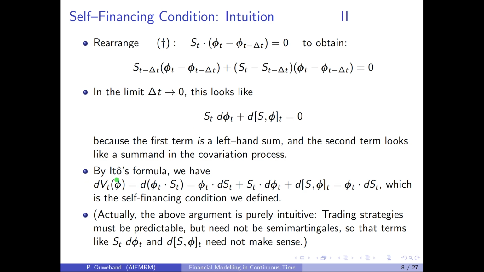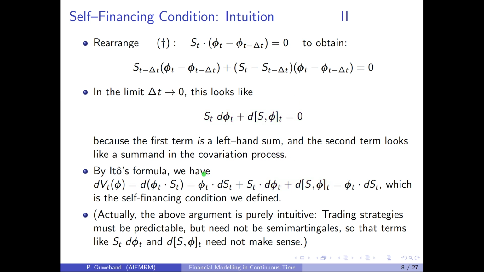Now, by Ito's formula, in particular the product form, if we look at the differential of V, the portfolio value process, that's the differential of phi dot S, and that can be written as phi times dS plus S times d phi plus the differential of the covariation of S with phi. If we look at the last two terms, we see that they are 0.